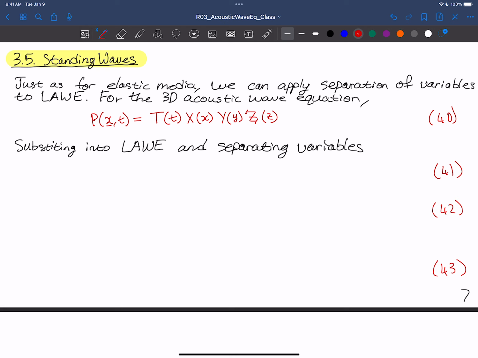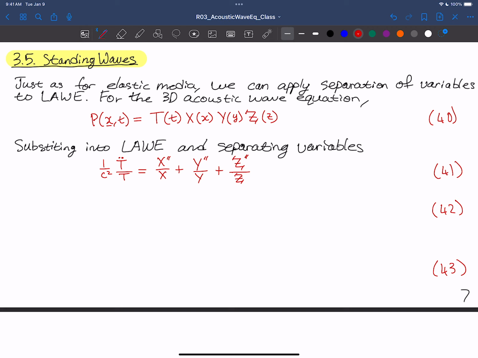We can then substitute that into the linear acoustic wave equation and separate the variables just like we did for elastic media. We'll get c squared times big T double dot divided by big T is equal to big X double prime over big X plus big Y double prime over big Y plus big Z double prime over big Z. On the left-hand side, we have a function of time.